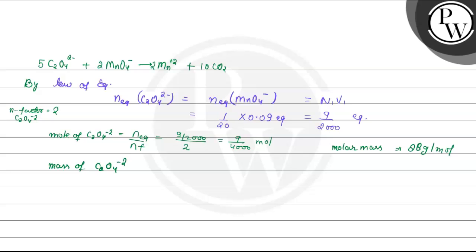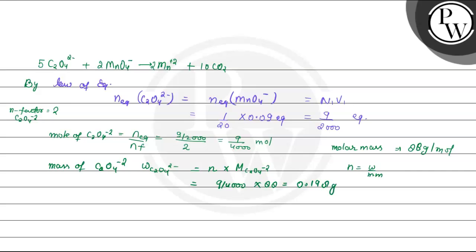Moles is equal to weight upon molar mass, so weight is equal to number of moles into molar mass, which is 9 by 4000 into 88.